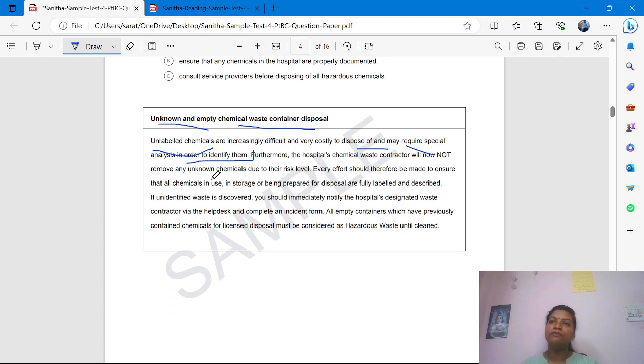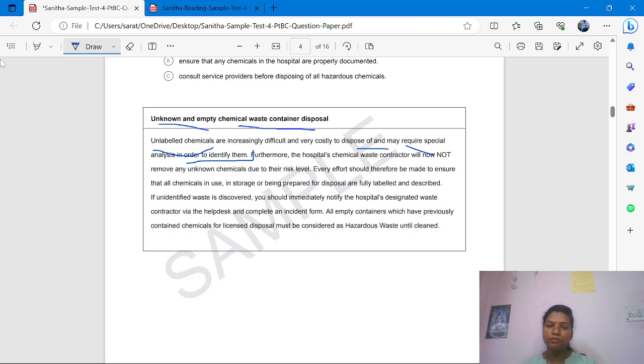If a chemical is unlabeled, there is no name, it is very difficult to find out, and it requires special attention to identify which chemical it is.